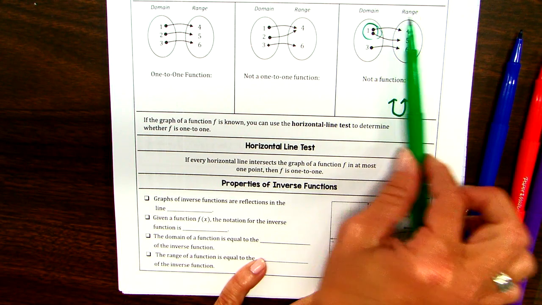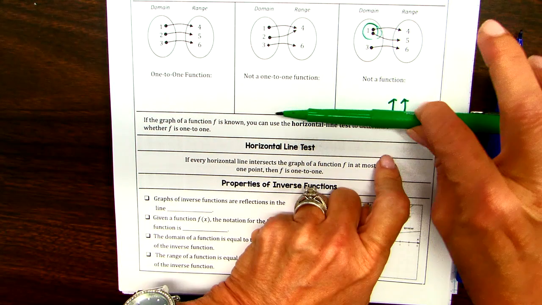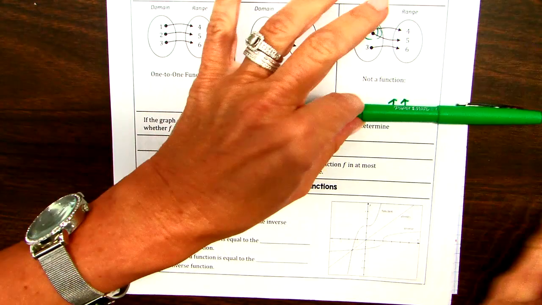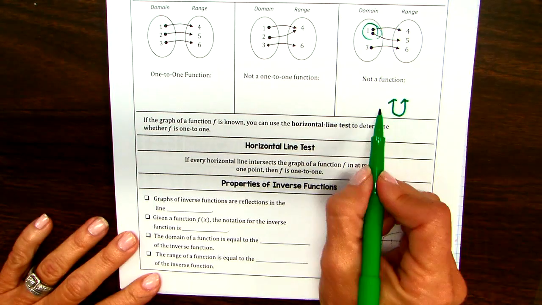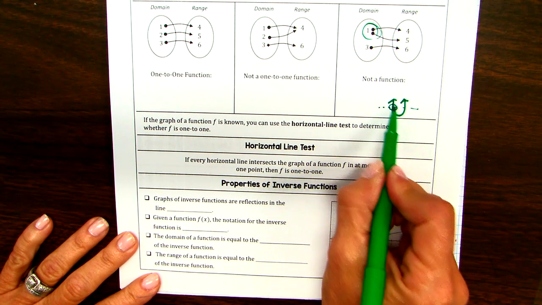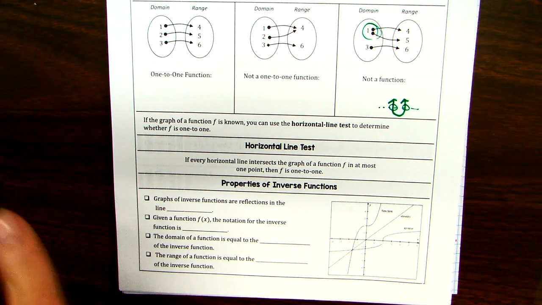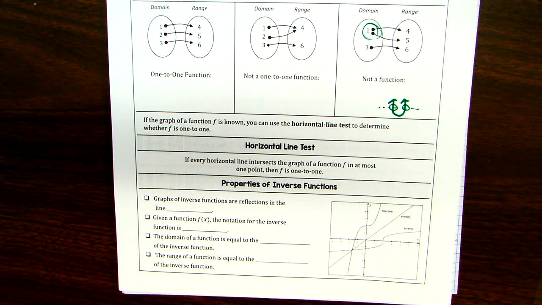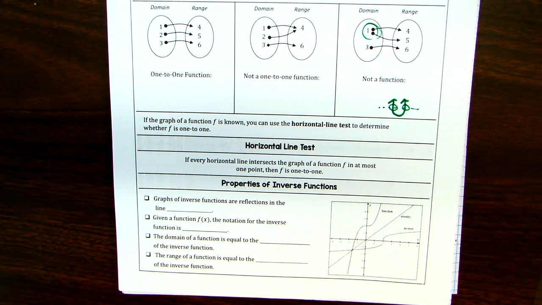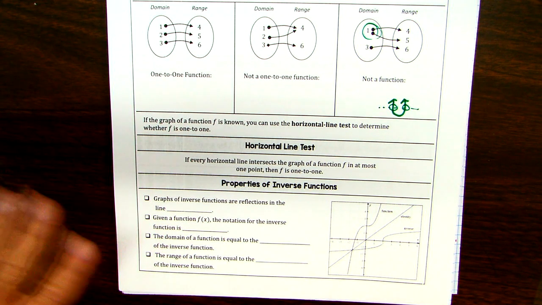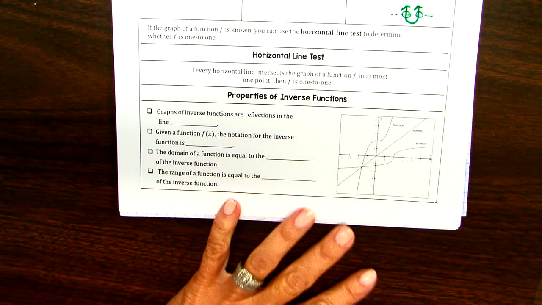The answer is no, because this does not pass the horizontal line test. The horizontal line test is, when I do that, I'm touching the graph in more than one place. That means when I flip all of those, I would have repeat x values. So repeat y values in a function means the inverse is not a function. Okay, so it's a little confusing. We're going to see some examples coming up in a second.